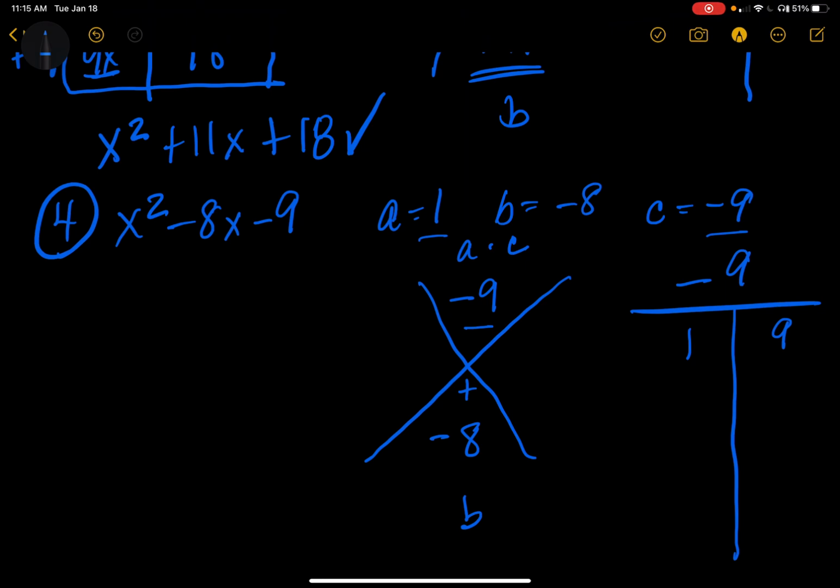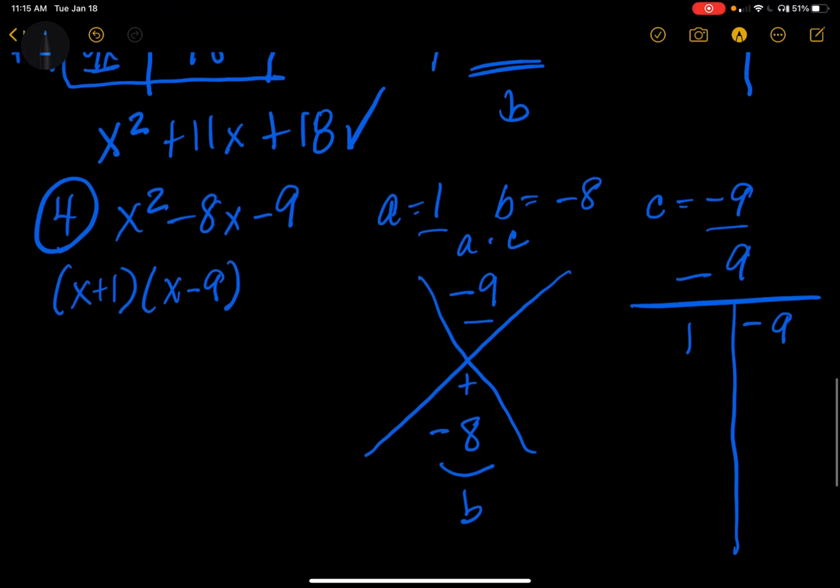We know that when we add the factors together, we want the sum to equal a negative number. So that tells us that the larger one has to be negative. So now we have x plus 1 times x minus 9. Let's check our work.